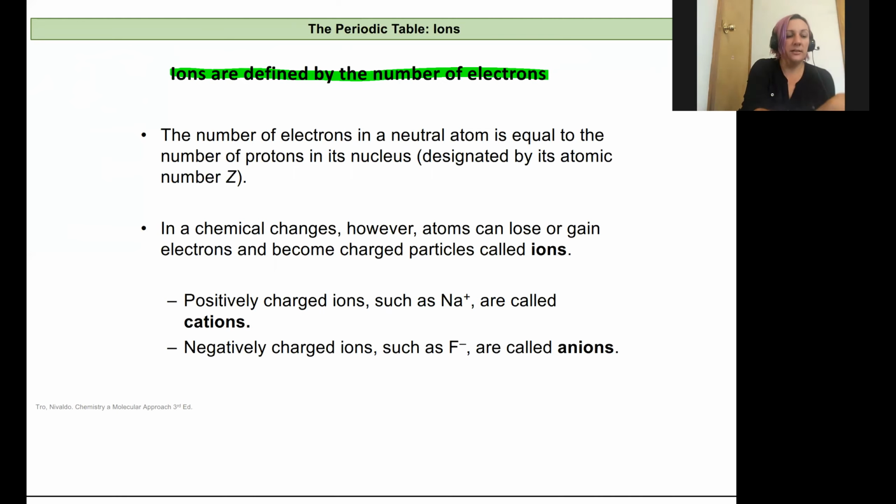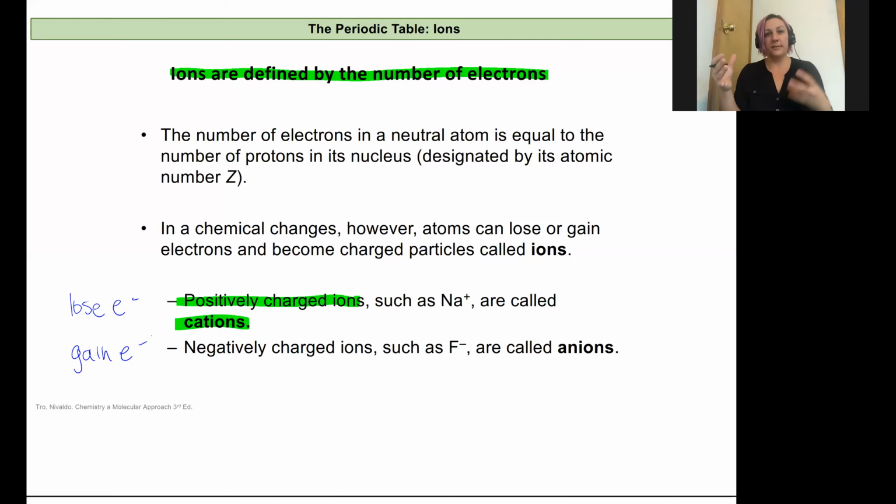If it loses electrons, it becomes positively charged because there'll be more protons than electrons in the atom. And so it will have an overall charge that's positive. And we call these cations. And then if it gains electrons, there'll be an imbalance where there's more electrons than protons in the atom.